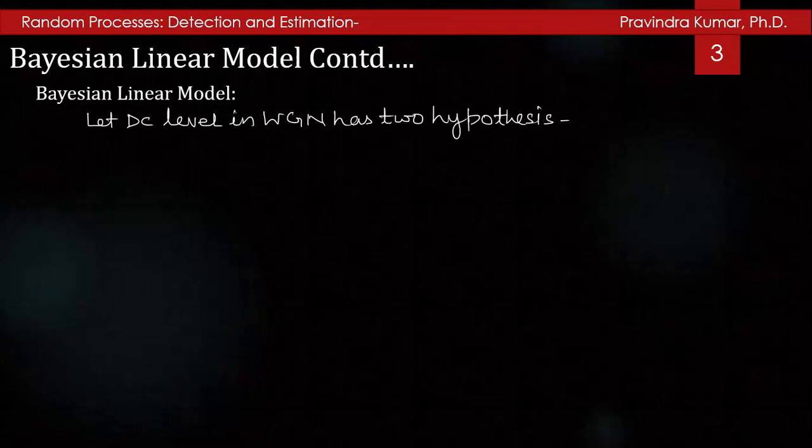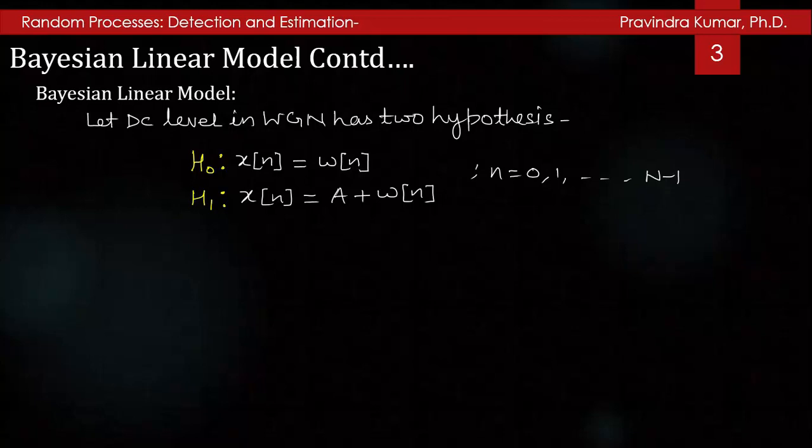Let the DC level in white Gaussian noise have two hypotheses. H0 corresponds to x[n] equal to omega[n], meaning under hypothesis H0 there is only noise, no signal is present, and under hypothesis H1 x[n] is equal to A plus omega[n], where n is equal to 0, 1 to N minus 1.